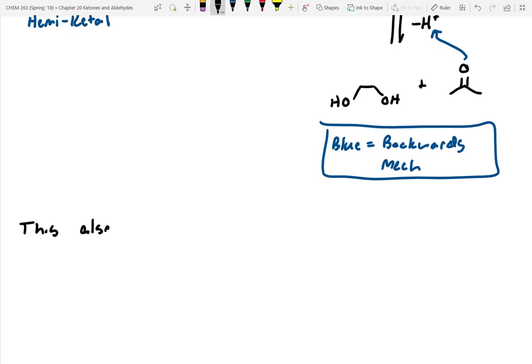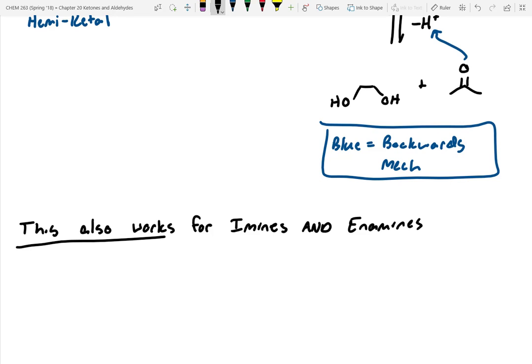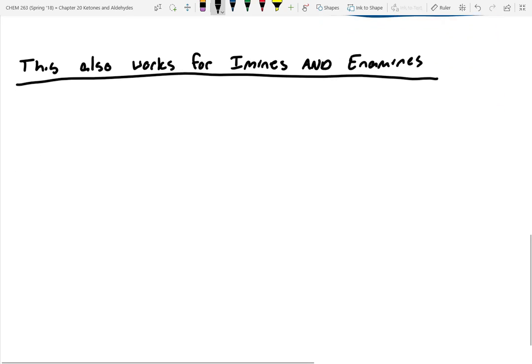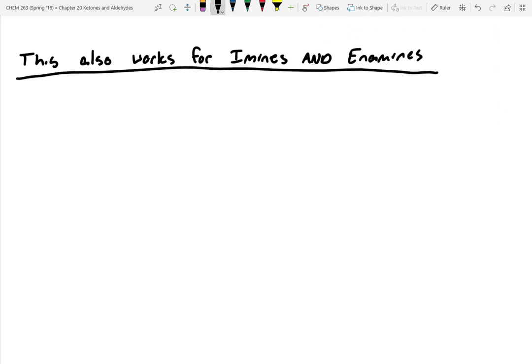This also works for imines and enamines. And I'll really quickly show you the overall transformation. We won't go through and do the full mechanism. However, I would strongly encourage you to practice it because there's a very real chance it'll show up on an exam.